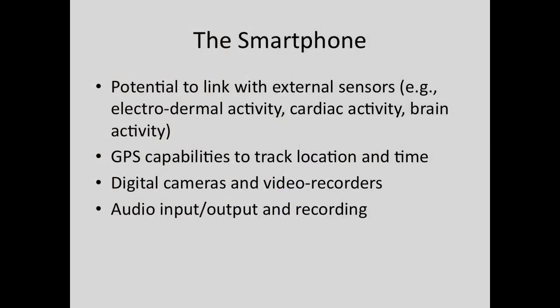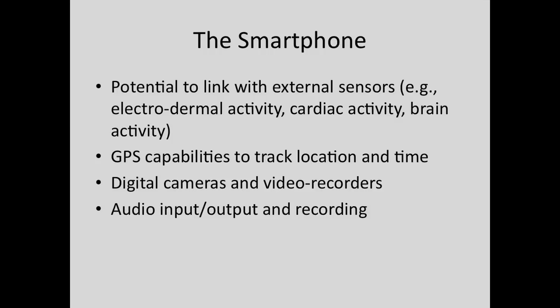Because of that Bluetooth capability, we can link data from other sensors to the smartphone, okay? So the smartphone now is really just an access point, that's the way I see it, in a body area network. It can collect data by itself. You can be prompted to fill out self-reports on yourself, and it can also collect physiological data in real time, as it turns out.